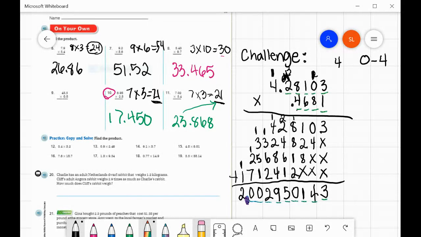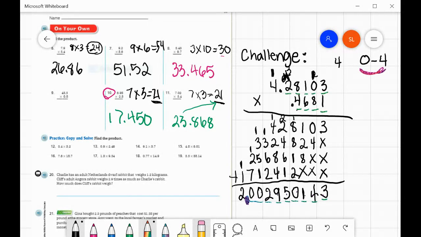So I'm going to double check. 1, 2, 3, 4, 5, 6, 7, 8, 9. 9 digits behind. Our answer is 2 point, whatever this number might be, however you would read that out loud. And our number falls between 0 and 4. So this is a reasonable answer to this problem.